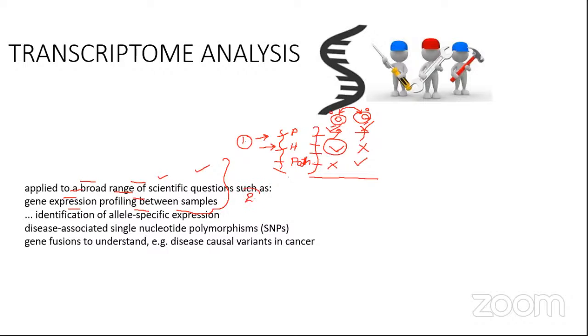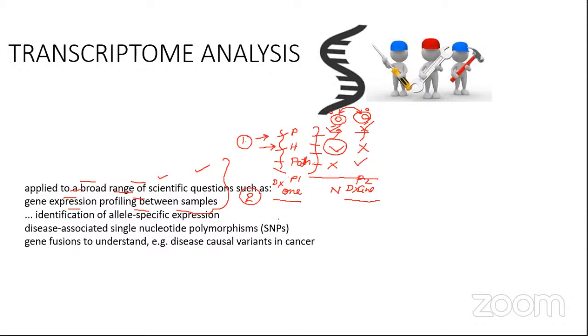Second question we can answer. Suppose we have one disease, and we have one normal. This is person 1 for disease X. We have another person, P2, with the same disease. Now we would like to understand what is the difference in gene expression between two individuals with the same disease.